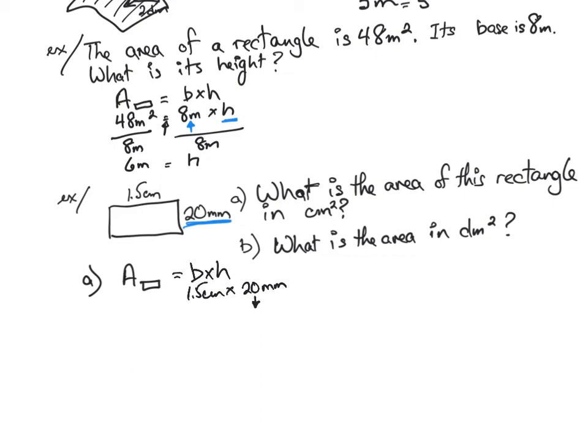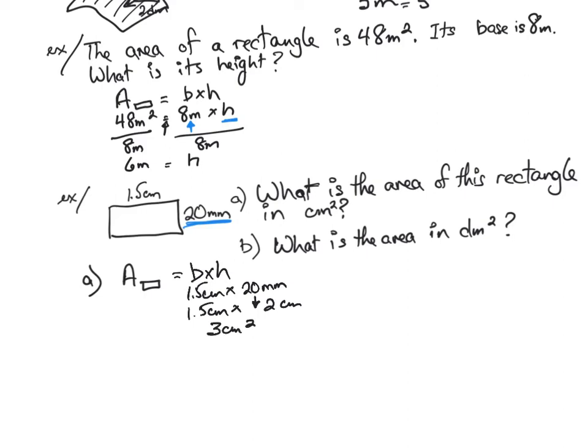Because in this case I'm asked for centimeters, I'm going to change the millimeters into centimeters. So that's 2 centimeters. So I have 1.5 centimeters times 2 centimeters, and that's going to give me 3 centimeters squared.